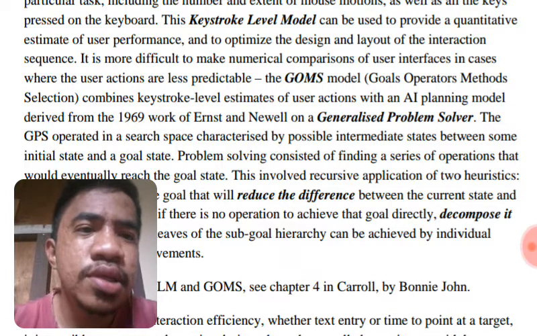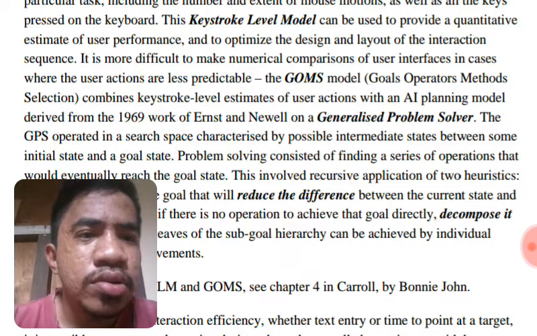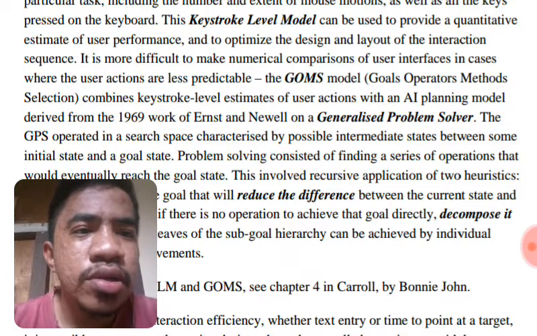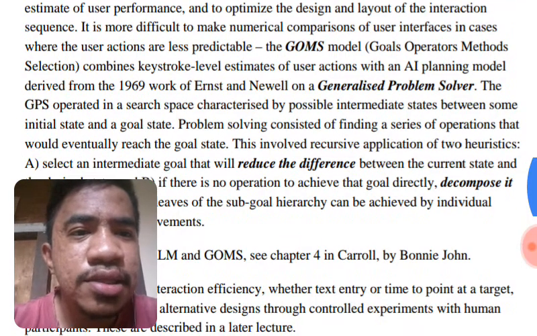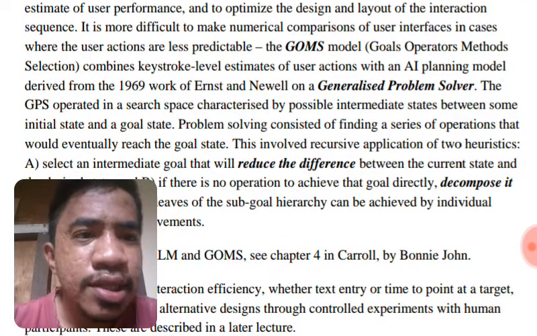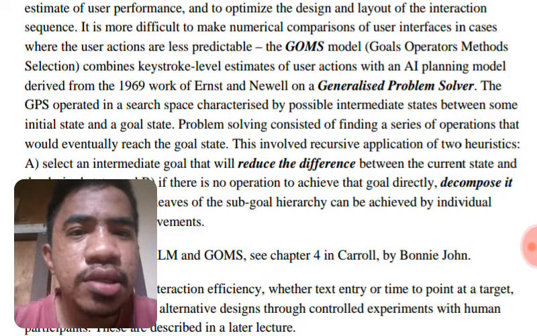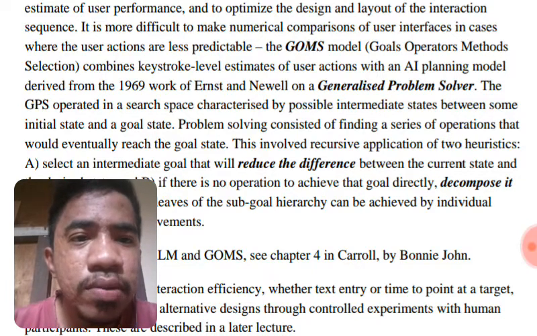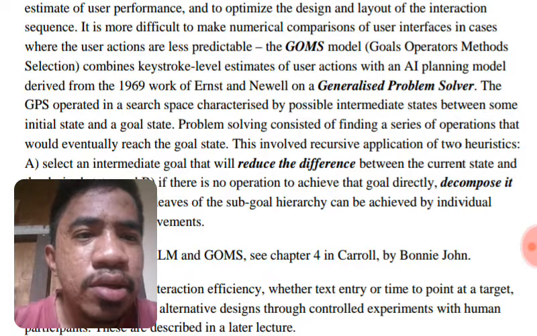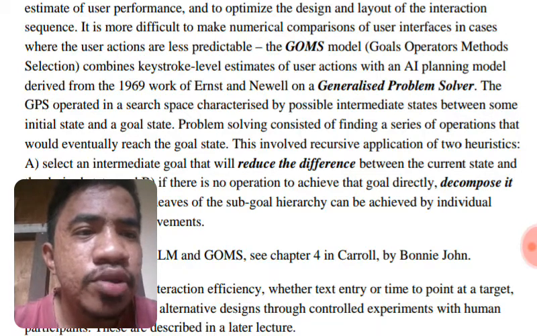The GOMS model, or goals, operators, methods, selection, combines keystroke level estimates of the user action with an AI planning model derived from the 1969 work of Ernst and Newell on the General Problem Solver.